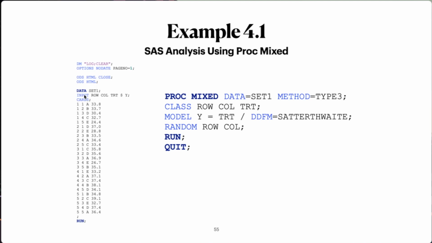That tells the data step that the third variable that I'm entering is a character. Then I issue the cards statement, and that tells SAS that what's coming next are the actual data. Once I enter the data and complete that, I terminate it with a semicolon and then run.